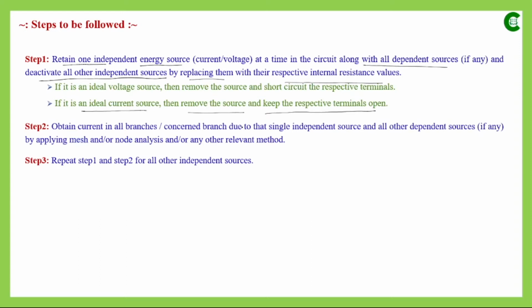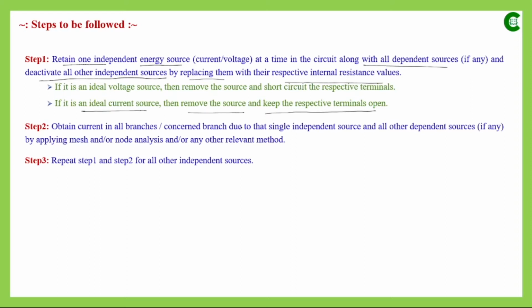Then in step 3, we will consider some other independent energy source and deactivate all other energy sources from that network, and the rule is the same. If the circuit has dependent sources, we will keep them. Then we will find the concerned voltage or current that we want to find. So we will do that for the second source. Then if there are other independent energy sources, we will repeat step 1 and step 2.